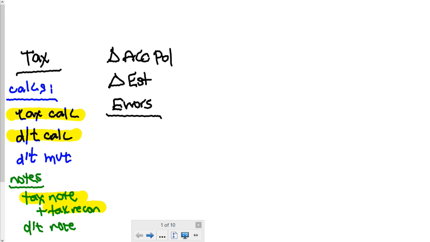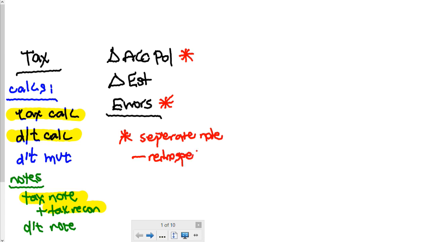Then, changes in accounting policy and errors have a separate note. It's that separate note that goes back, retrospective. It goes back 3 years. We go back to the prior year.